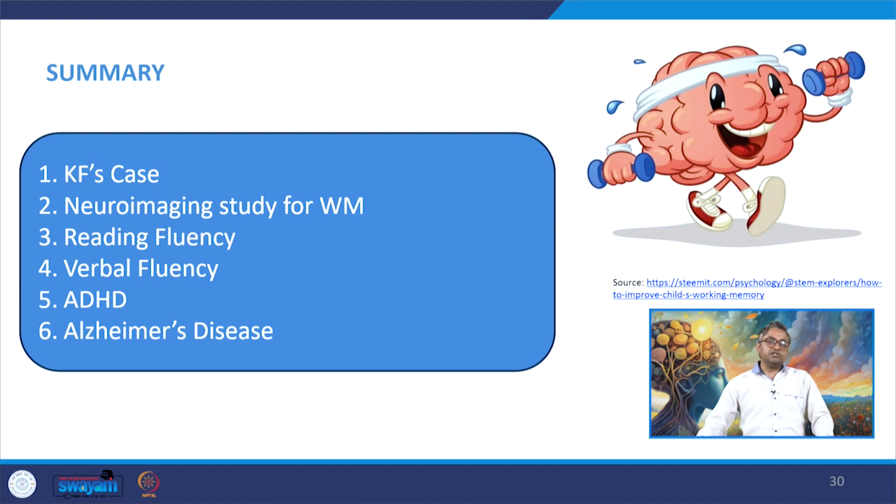We saw that individuals with attention deficit hyperactivity disorder have a deficiency and lack attention, so the working memory system is compromised because the attentional system is compromised. In these individuals, training and practice can be provided, which can help them enhance working memory capacity.